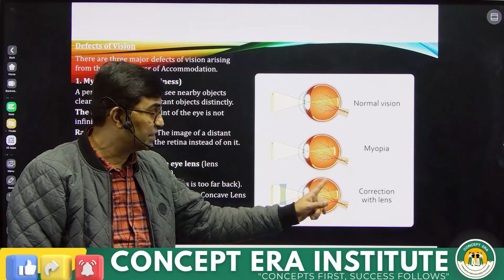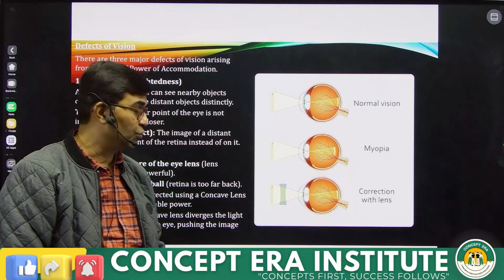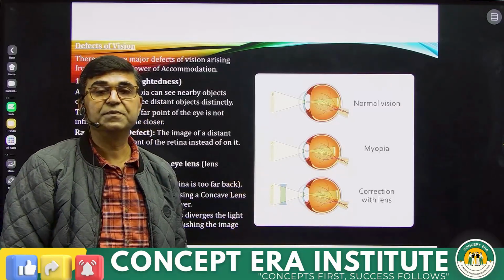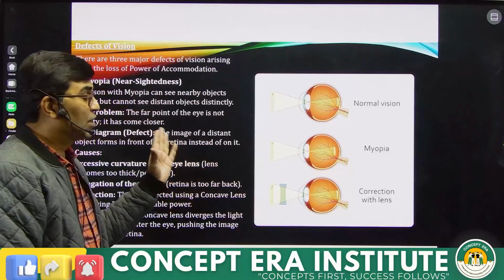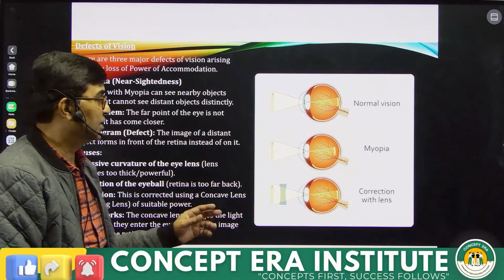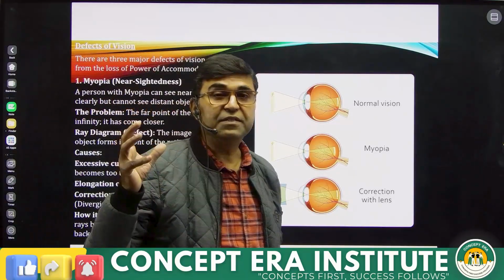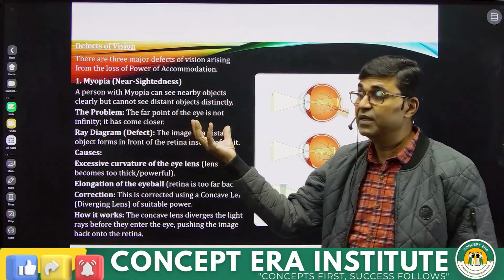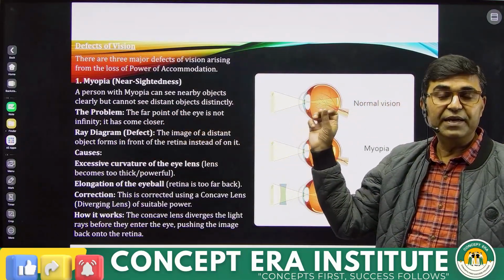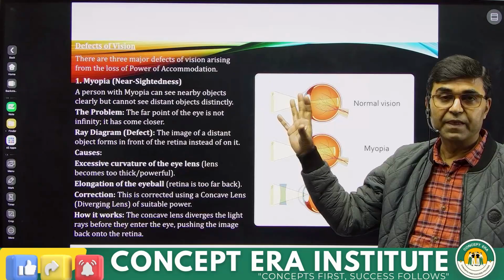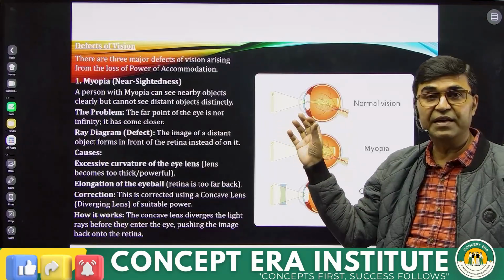So we can see the object clearly using this concave lens. What are the causes? The first cause is the lens. In the normal eye, it gets thin, completely relaxed, and in its natural position.